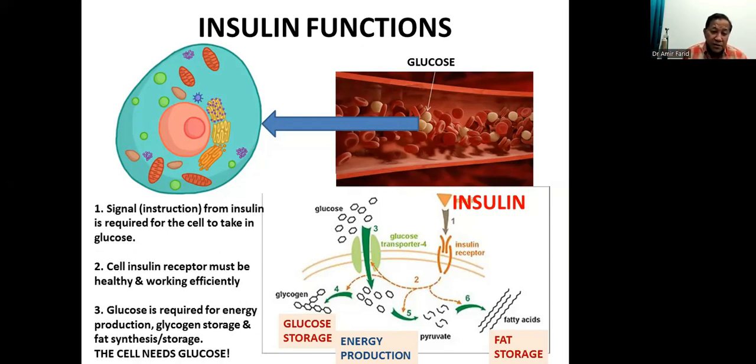So the signal or the instruction from insulin is required for the cell to take in glucose. The cell insulin receptor must be healthy and work efficiently, right? So we'll be focusing a lot on the receptor. Glucose is required for energy production, glycogen storage, and fat synthesis and storage. So the cells need glucose.